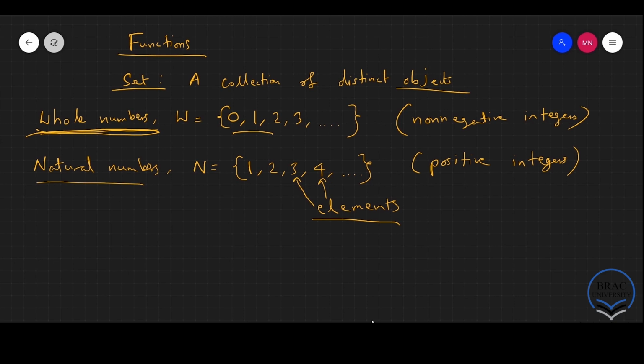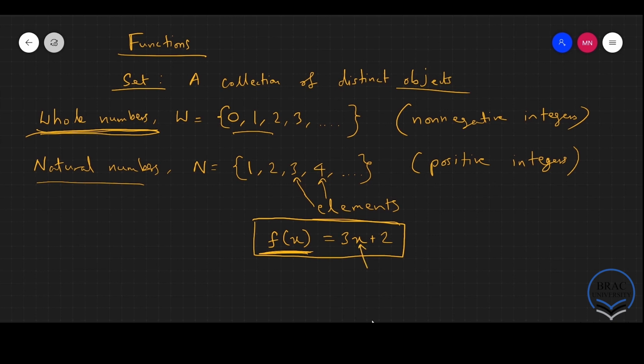So now if we take a look at a function, f of x is equal to 3x plus 2. We can imagine a function to be like a machine. So we have a machine here that takes some certain values of x, some inputs, to give out some corresponding outputs.